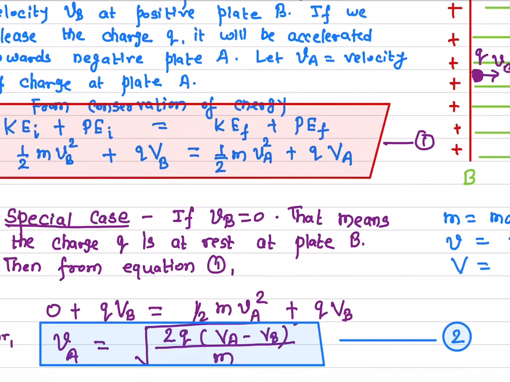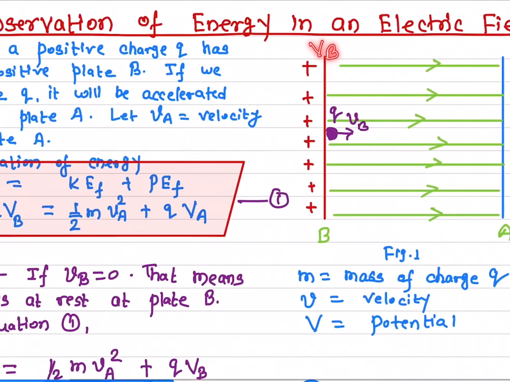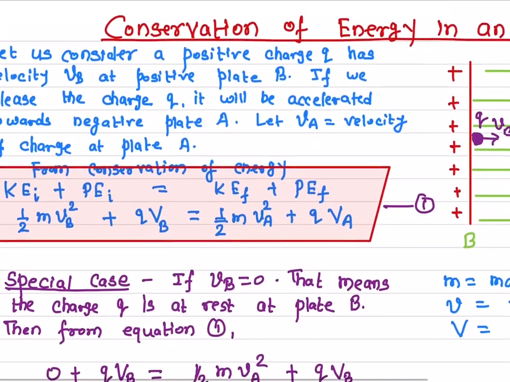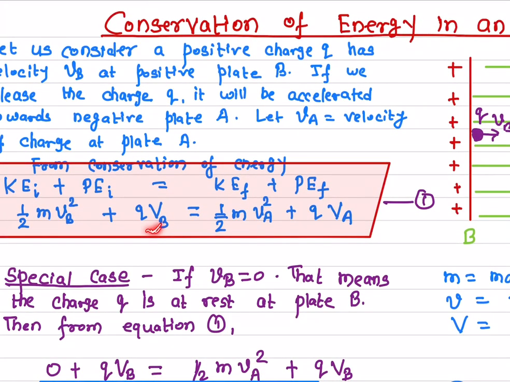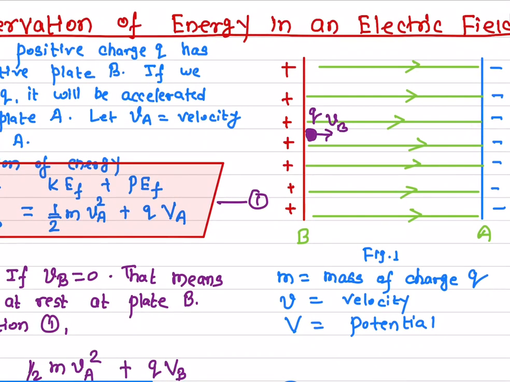And the potential energy of this charged particle is equal to the charge times the potential at this point. What is the potential at this point? We call this potential VB, and this potential VA. This plate is at, let's say, 100 volts, and this could be, let's say, minus 25 volts or minus 100 volts. It could be any voltage.